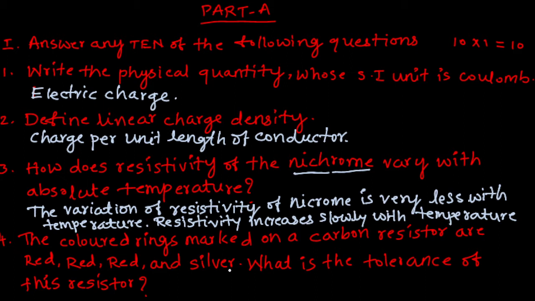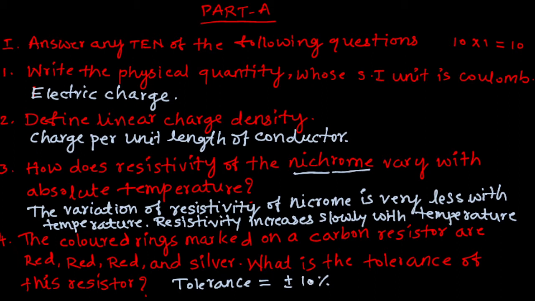If silver is used, the tolerance is plus or minus 10%. If the fourth color is absent, then tolerance is plus or minus 20%. So in this case, the fourth color is silver, therefore tolerance is equal to plus or minus 10%.